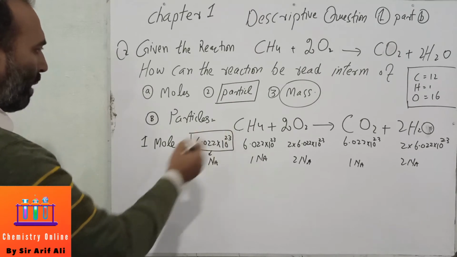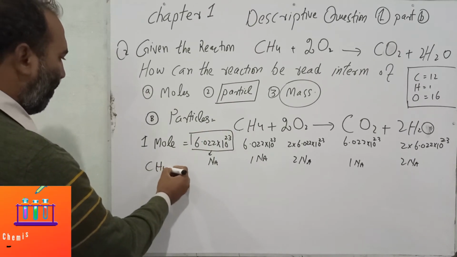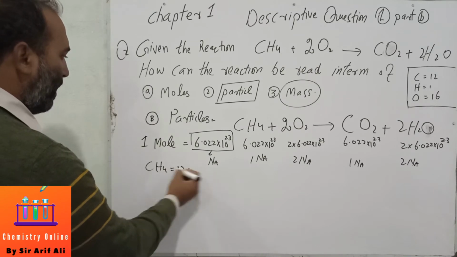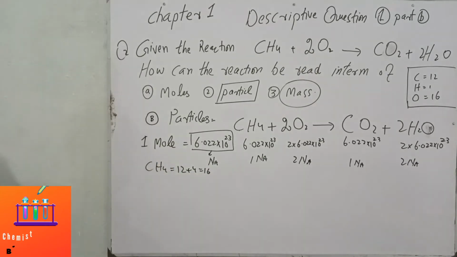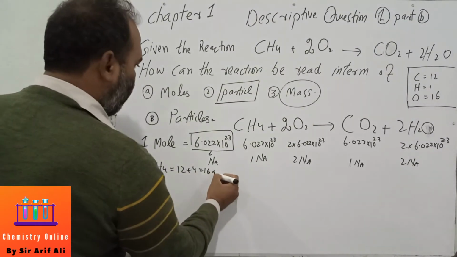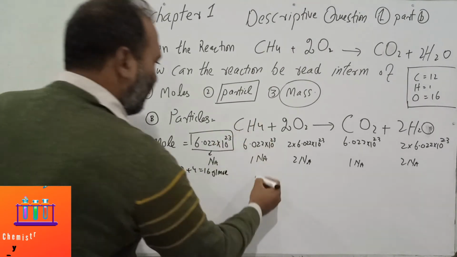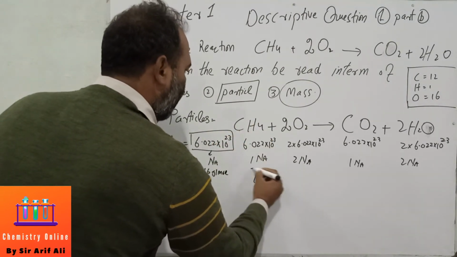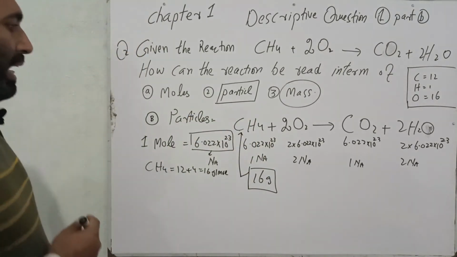Let's suppose we want to find the molar mass of methane. CH4 is equal to carbon is 12, hydrogen is 1, and there are 4 hydrogens, so it's 16 gram per mole.